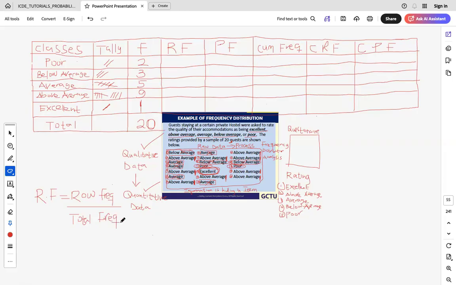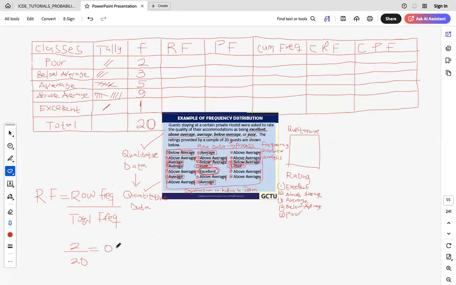So we move. Now, the first one is 2. So we do 2 divided by the total frequency, which is 20. At this point, I will encourage you to pull out your calculator to do the calculations alongside me.